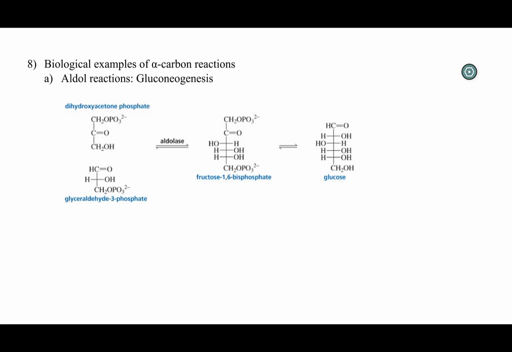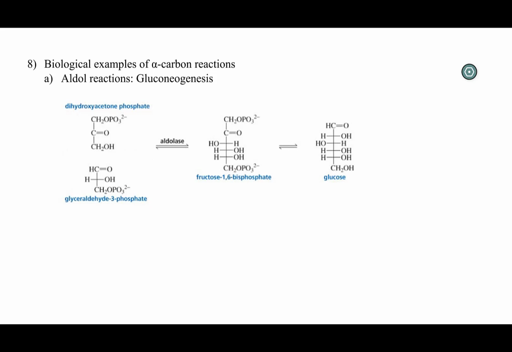In gluconeogenesis, we take smaller carbon-containing compounds, derivatives of triglycerides, and convert them into fructose and then eventually into glucose. So this is how the body makes glucose from smaller molecules.